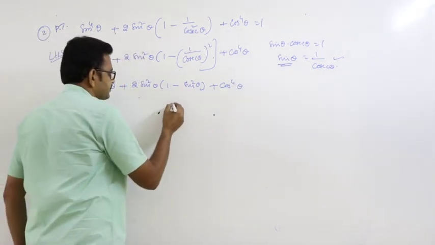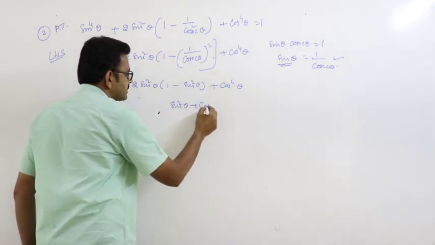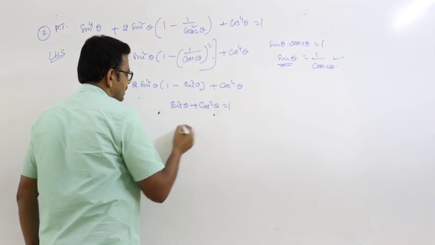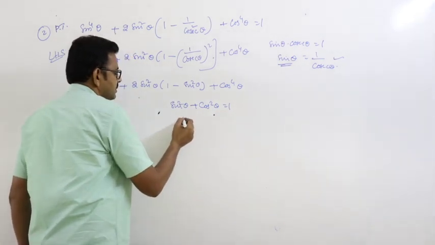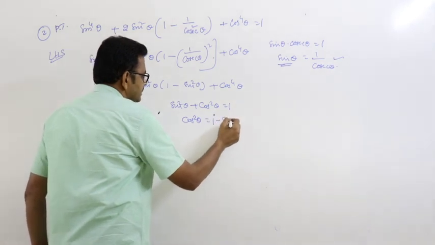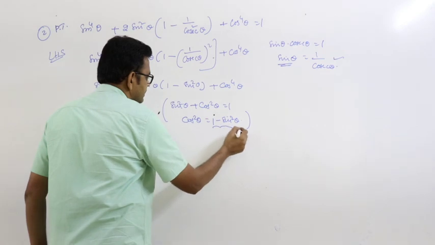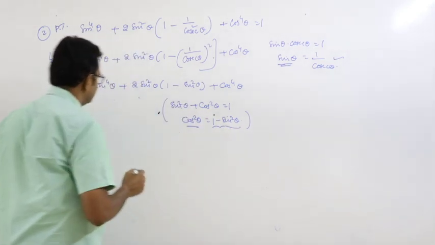And again, using sin square theta plus cos square theta equal to 1, therefore cos square theta is equal to 1 minus sin square theta. So 1 minus sin square theta equal to cos square theta.